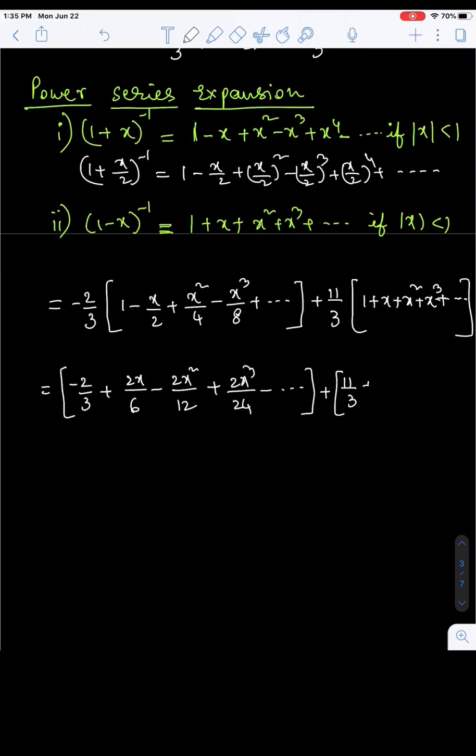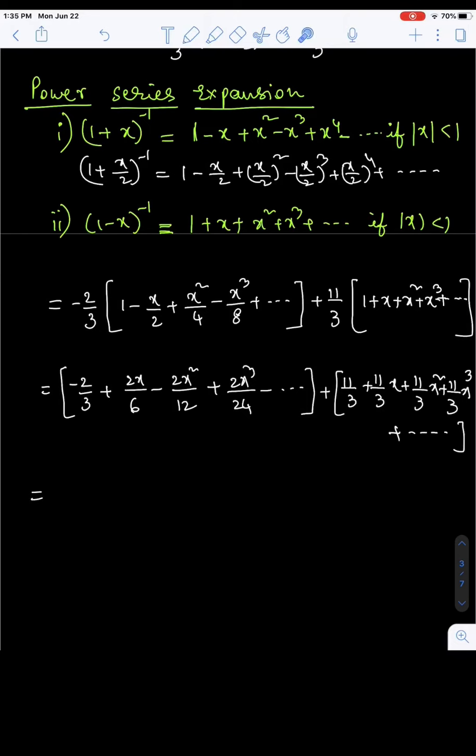Here also 11 by 3 taken inside: 11 by 3, 11 by 3 x, 11 by 3 x square, 11 by 3 x cube plus so on. Here it is cube. I'll write neatly. Please don't confuse.